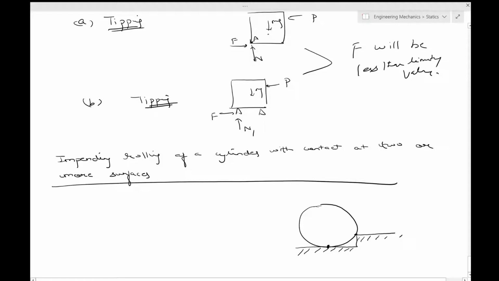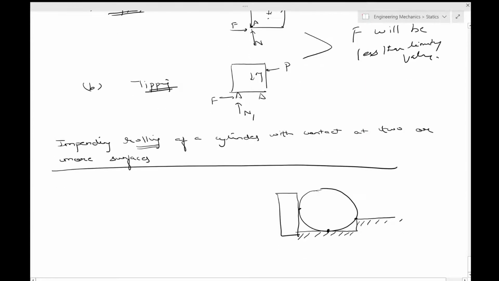One can also have another situation, say you have something like this. Then this becomes the third point of contact. So this is what we are trying to understand when you have an impending rolling of a cylinder with contact at two or more surfaces.